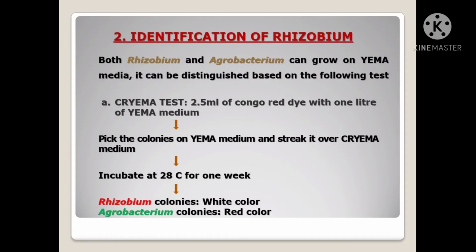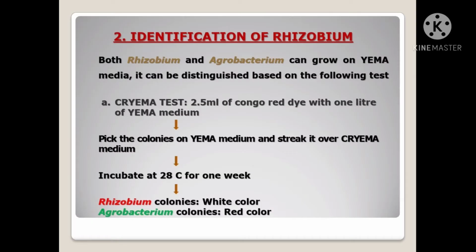In order to perform this test, we should mix 2.5 ml of Congo red dye with 1 liter of YMA medium. Next, pick the suspected colonies from the YMA medium, then streak them over the Congo red medium. Incubate at 28 degrees Celsius for at least 1 week.